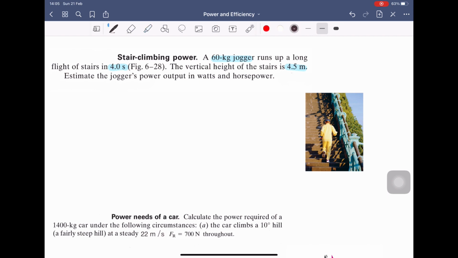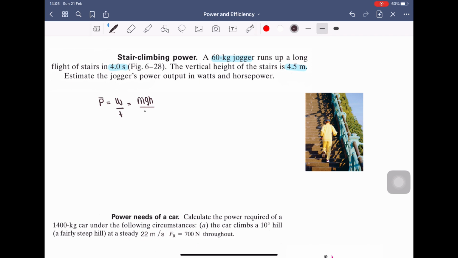Firstly, we write out the equation. Average power equals work over time, where work here equals mgh, because the person is walking up the stairs.